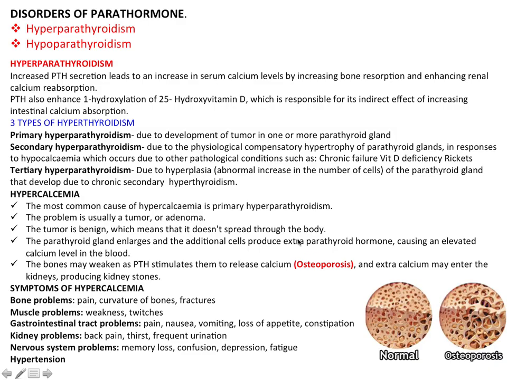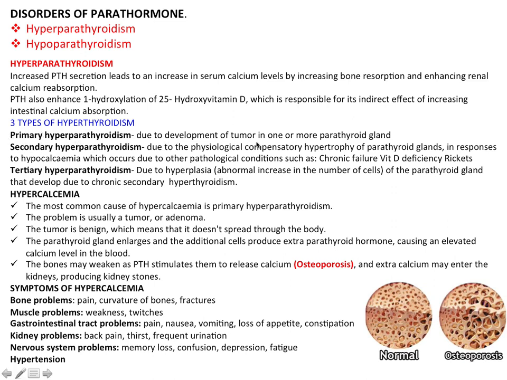Now the disorders of parathyroid. There are two types of disorder related to parathyroid. The first one is hyperparathyroidism and the second is hypoparathyroidism. Hyperparathyroidism is a condition of hypersecretion of PTH. And there are basically three types of hyperparathyroidism. That is primary hyperparathyroidism.